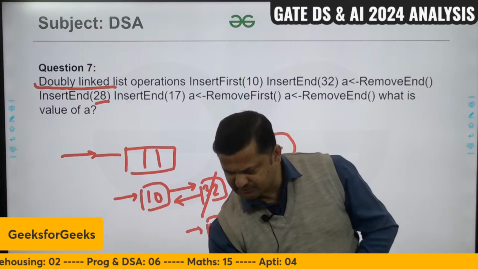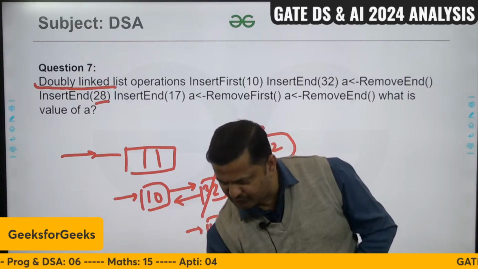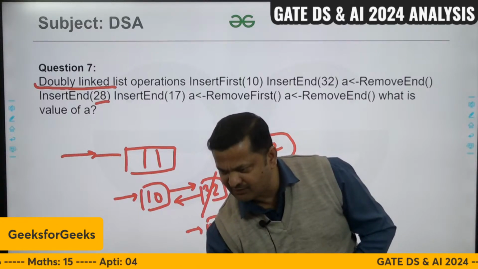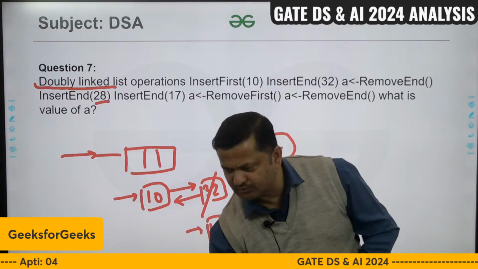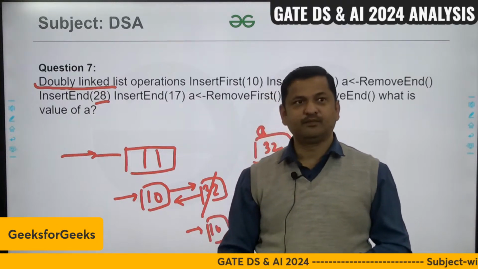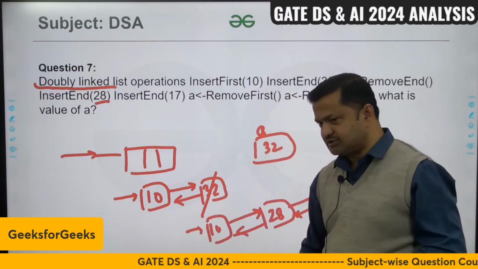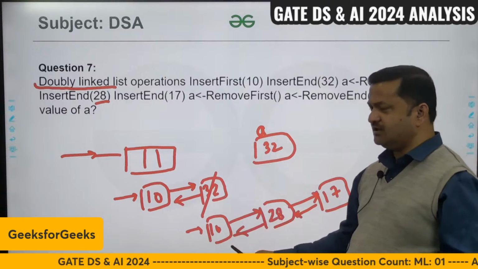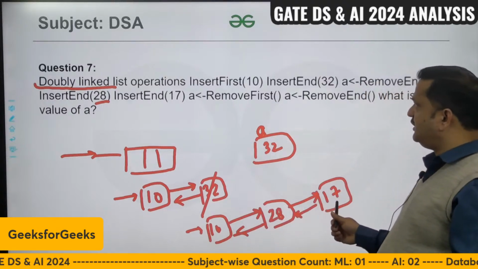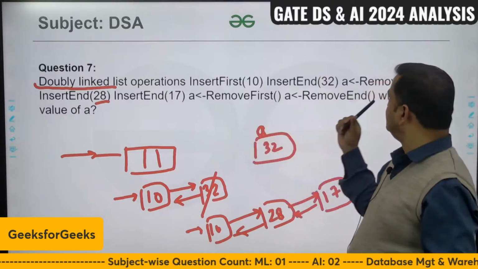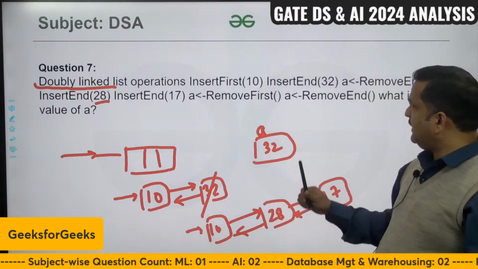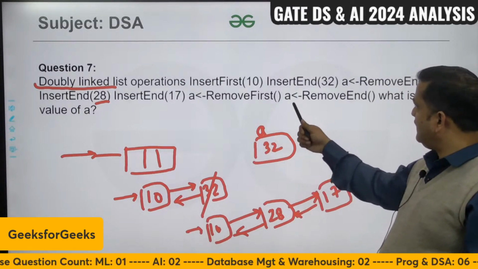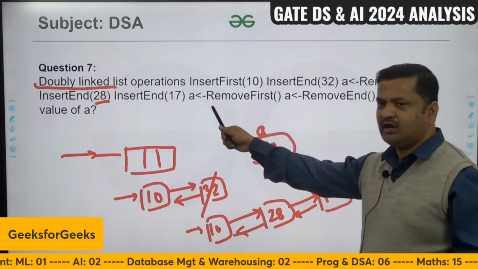Since we can insert 17 after 28, this is the proper structure: once we insert 10, then 28, then 17, after the removal of the last element.